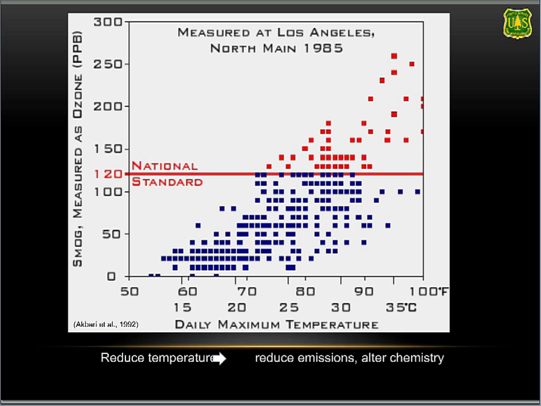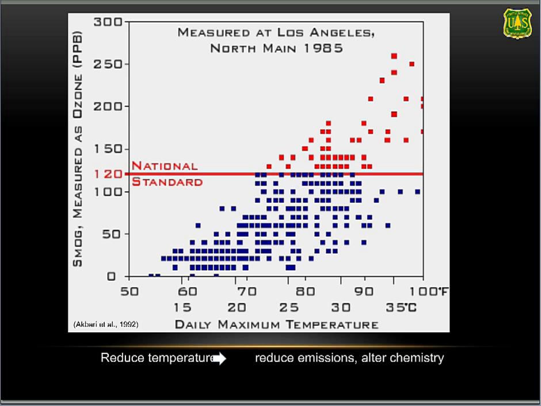Temperatures are important for pollution because many pollutant emissions are temperature dependent. This graph illustrates, in terms of ozone, the temperature dependence, particularly with ozone, is that as temperature gets warmer, in this case in Los Angeles, we tend to have more and more ozone being formed.